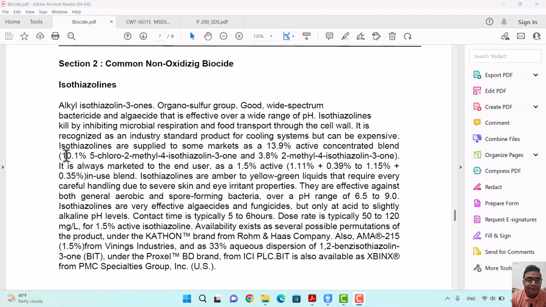these formulations consist of two components.